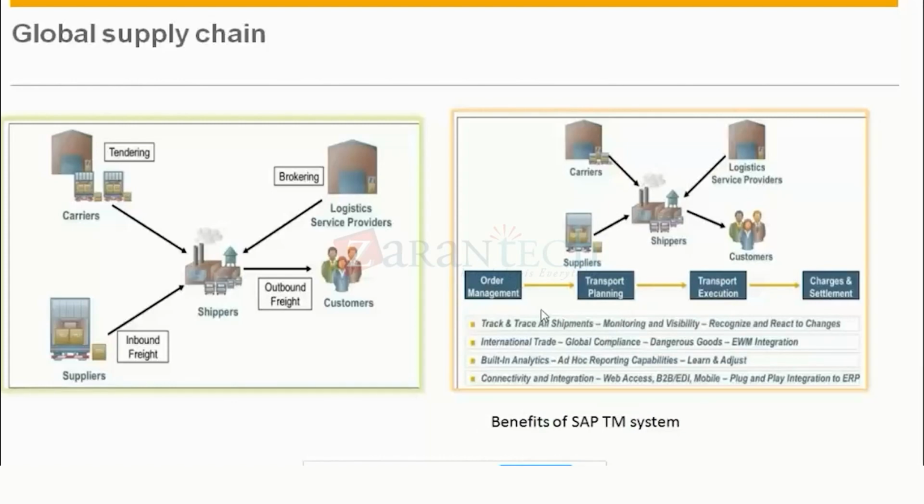And finally, in a supply chain process, collaboration is the most important component. When I say collaboration, it is not only collaboration with your customer, that is obviously required, but also you need to collaborate with the carrier.